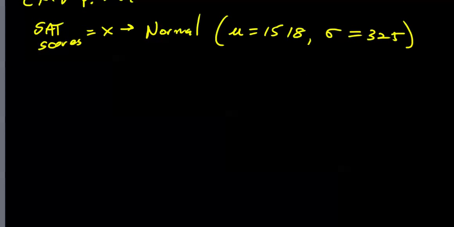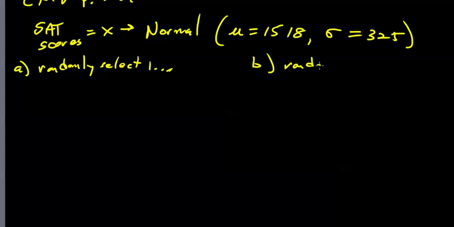Alright, again, let's break this up into two types of problems. I want to work this out in parallel. Again, in part A, we randomly select 1. In part B, we're going to randomly select 16 SAT scores.